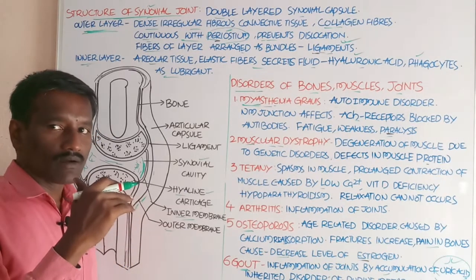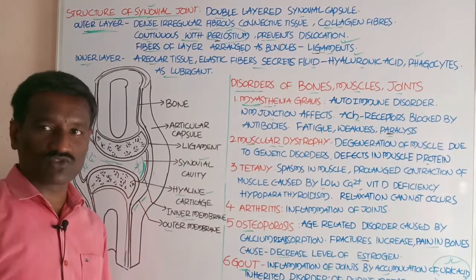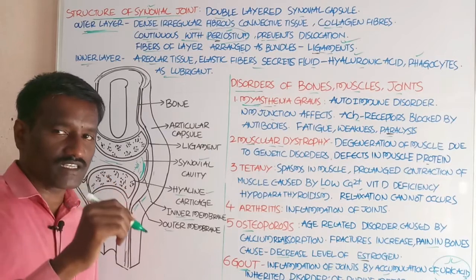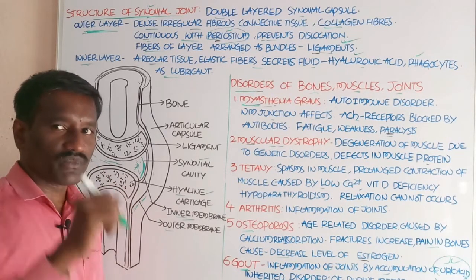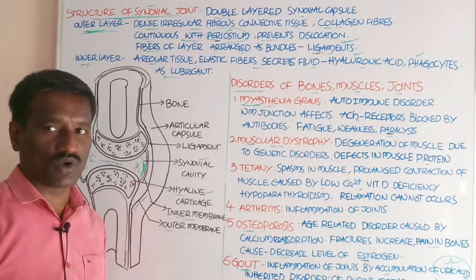It affects the neuromuscular junction. The neuromuscular junction is the junction between the sarcolemma of the muscle fiber and the dendrites of the motor neuron.